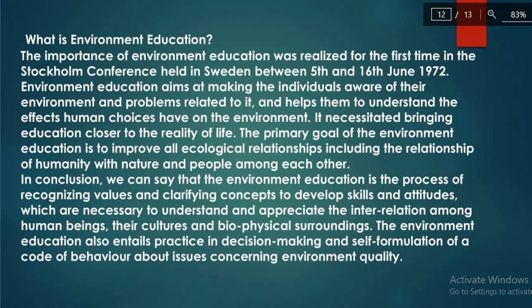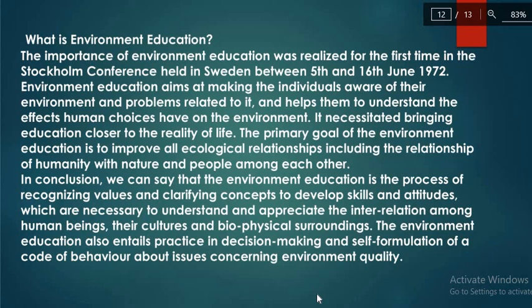In conclusion, we can say that environment education is the process of recognizing values and clarifying concepts to develop skills and attitudes which are necessary to understand and appreciate the interrelation among human beings, their cultures, and biophysical surroundings.